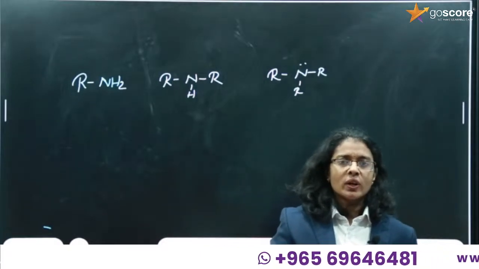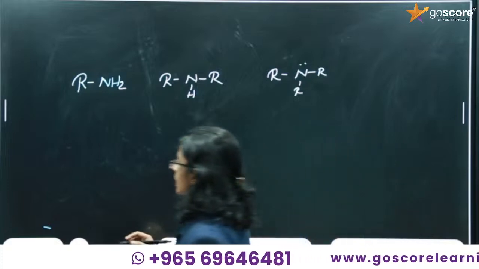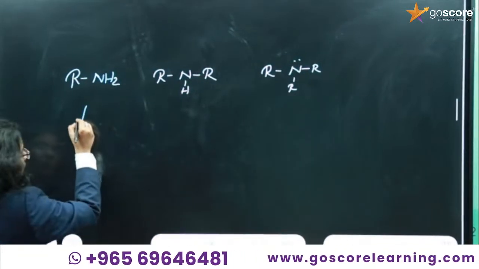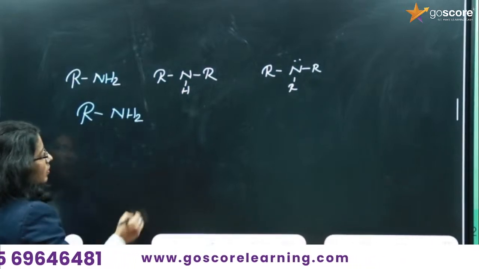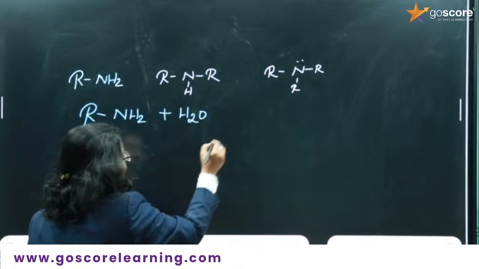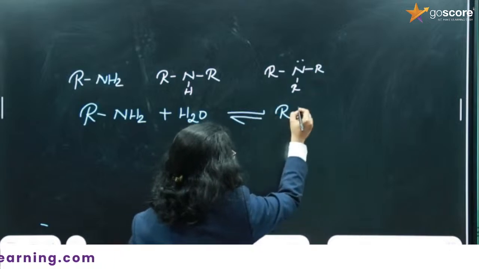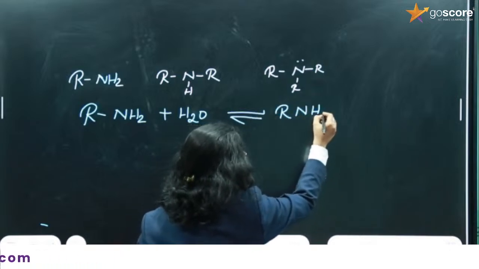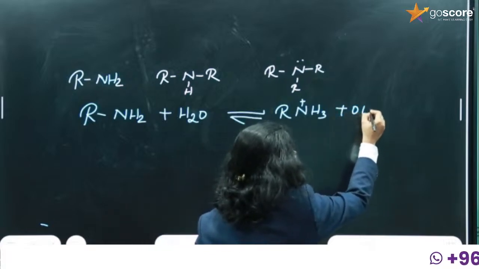What is Kb and pKb? So in your 11th standard, suppose you are reacting a primary amine with water, it will dissociate to form RNH3+ and OH-.